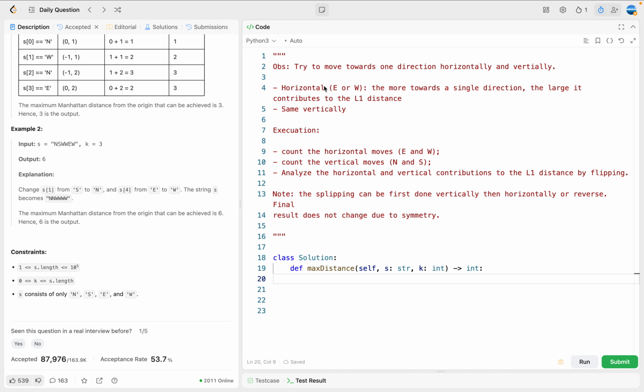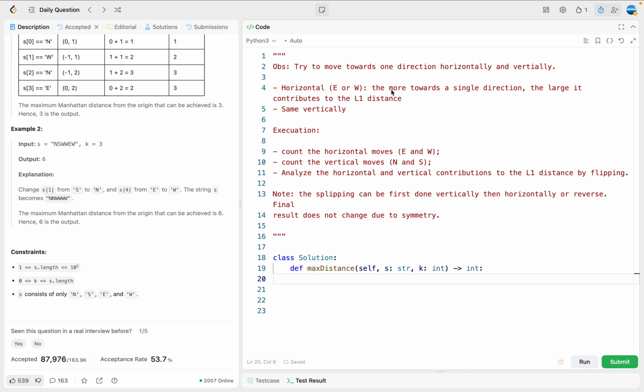So here are the splits of this observation. Horizontally means you move to east or west. Then the more you move towards a single direction, the larger it contributes to the L1 distance or Manhattan distance.